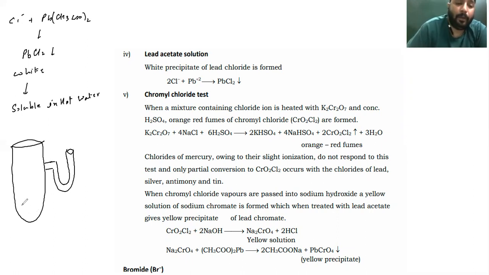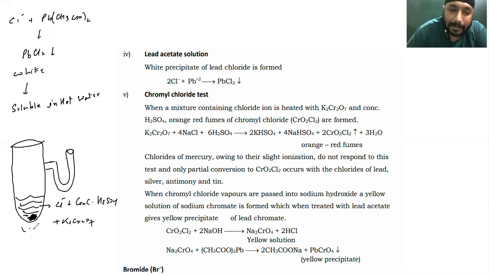Now what I did here: make a chloride solution, not salt. So I have a solution of chloride. Put concentrated H2SO4 and K2Cr2O7 and heat it nicely. Just give a nice heat to it.